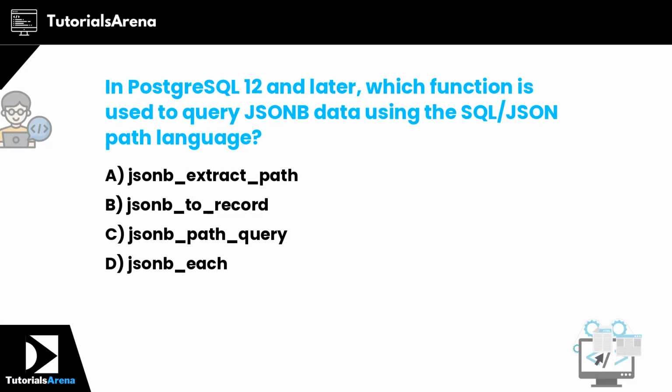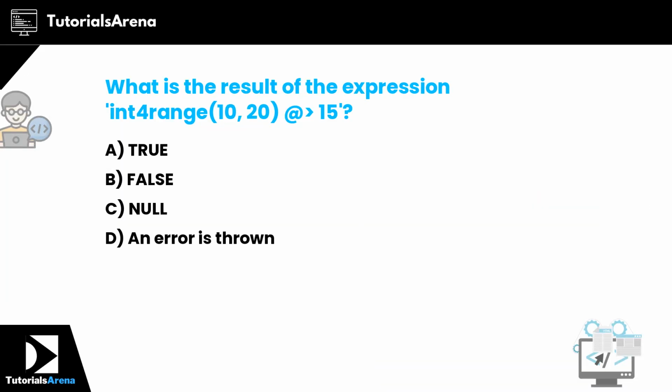In PostgreSQL 12 and later, which function is used to query JSONB data using the SQL/JSON path language? The correct answer is option C, jsonb_path_query. What is the result of the expression int4range(10, 20) @> 15?